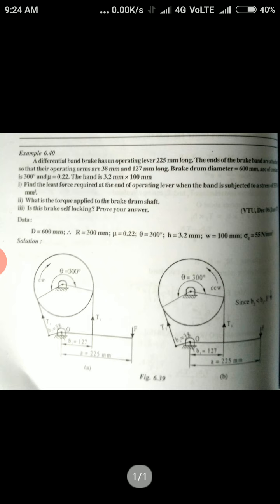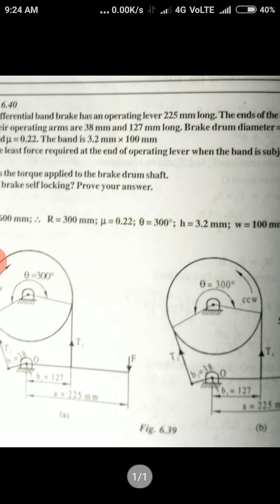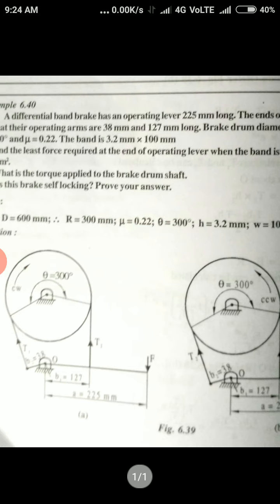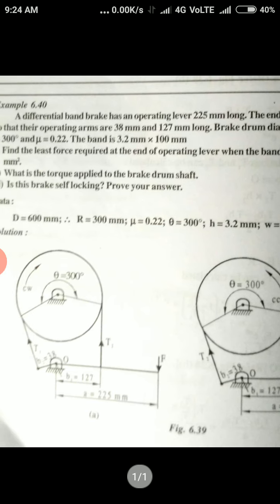So now, for the clockwise direction in the figure, we have to decide where T1 and where T2 lies. When the drum rotates clockwise, at the left side the band is pulled in, so that will be treated as T1, and it is released at the right side of the band, so that is called T2. Also see the direction here: the tensions act in an upward direction.